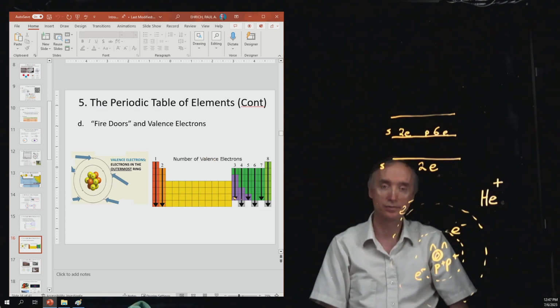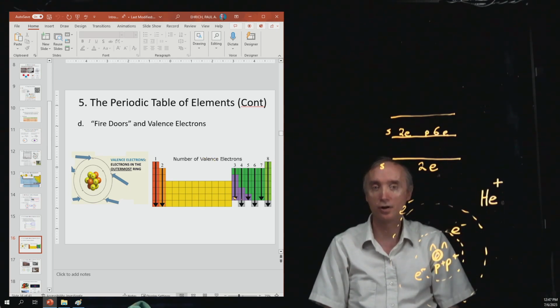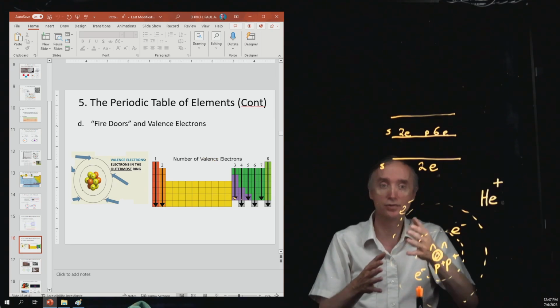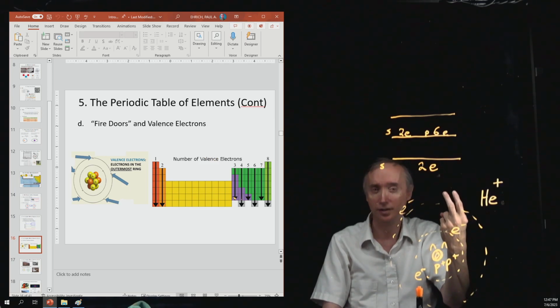So where's that at? If you look at where the number 8 is, it's in that very last column. Those are called the noble gases. So helium, He, is a noble gas. It has achieved this number 8, but now you're saying, but it only has 2 electrons.